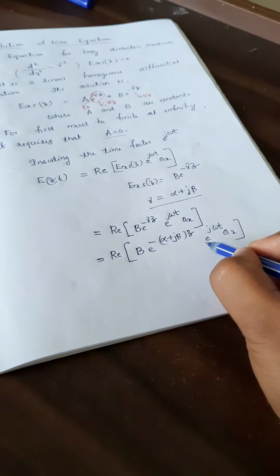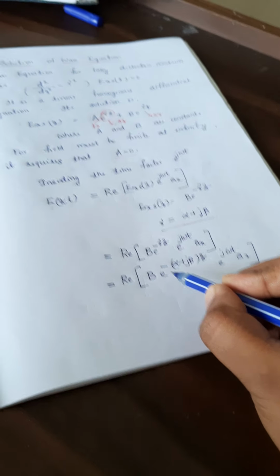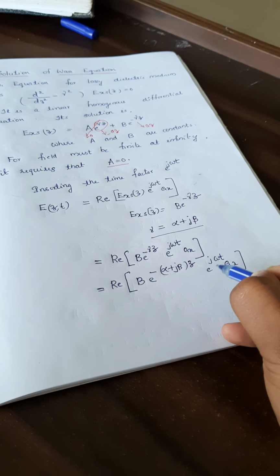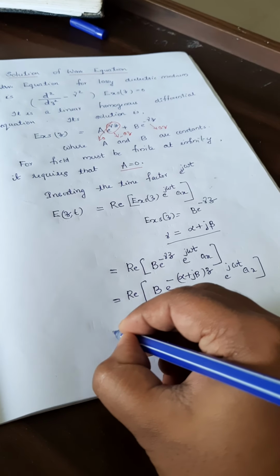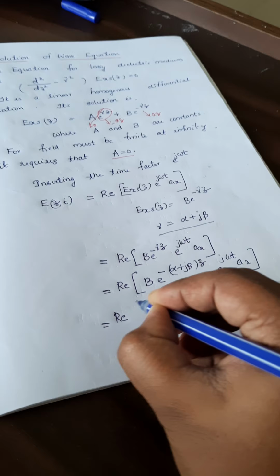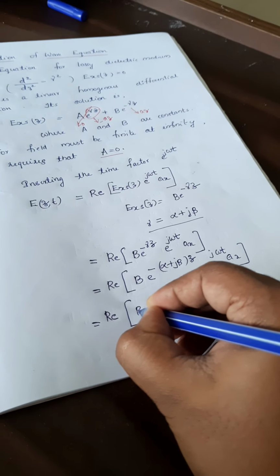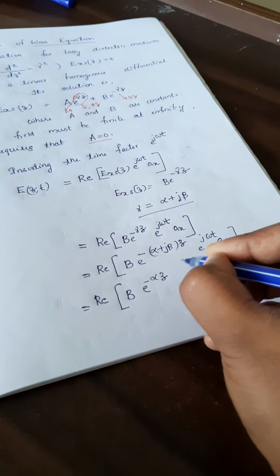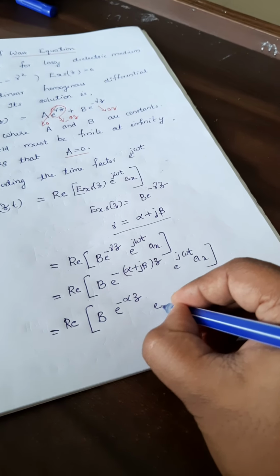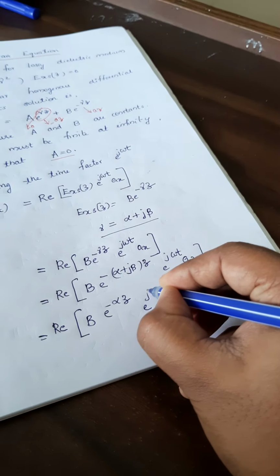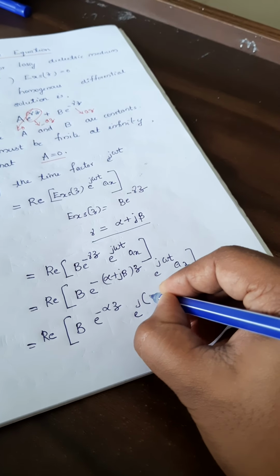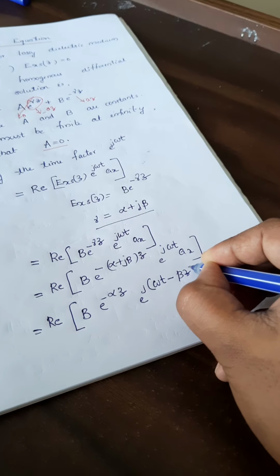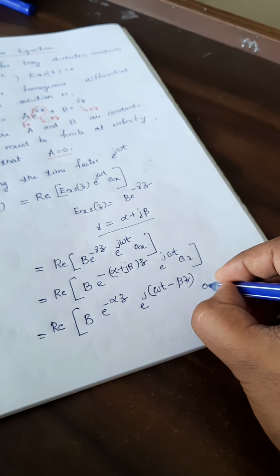Now rearranging, we combine the e raised to alpha z term and the e raised to j term. So this becomes the real part of B into e raised to minus alpha z, again e raised to j into omega t minus beta z, ax.